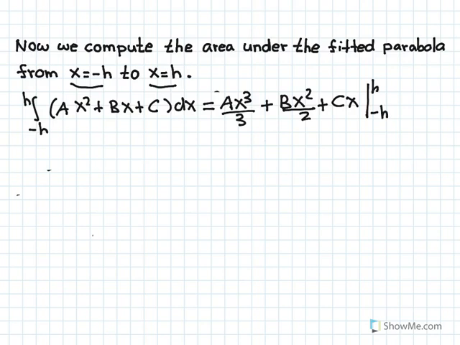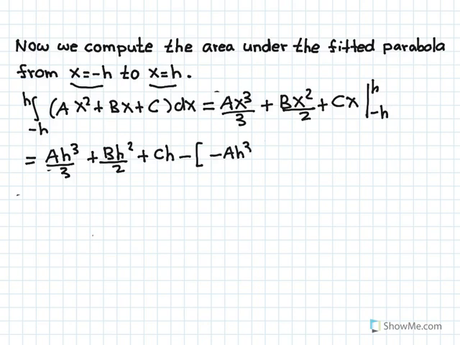Apply the fundamental theorem of calculus. Putting the upper limit in, we get a h cubed divided by 3, plus b h squared divided by 2, plus ch. Minus, put the lower limit in, we get minus a h cubed over 3 plus b h squared over 2 minus ch.